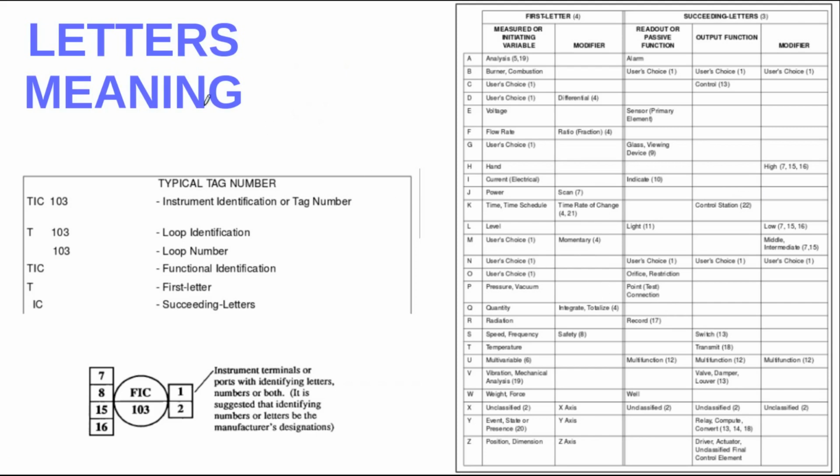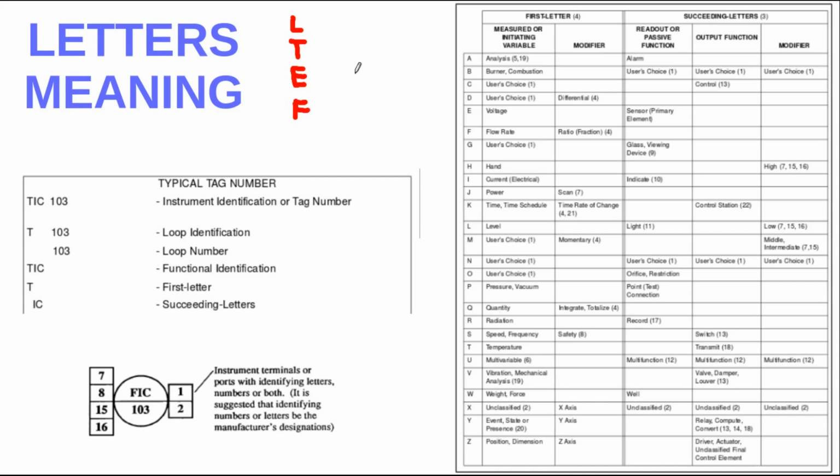What about the meaning of the letters? As you may remember from the preceding slide, L is for level, so T will be for temperature. For example, E will be for voltage, F will be for flow, and so on.